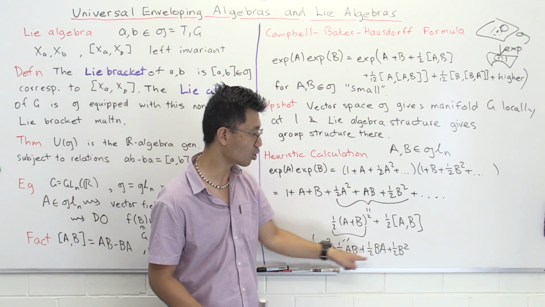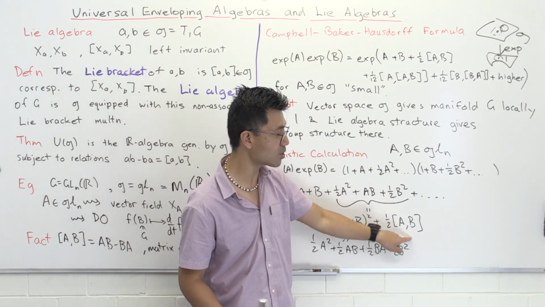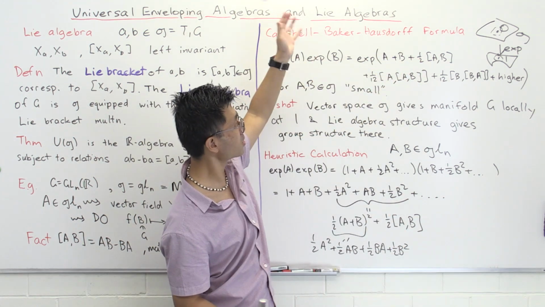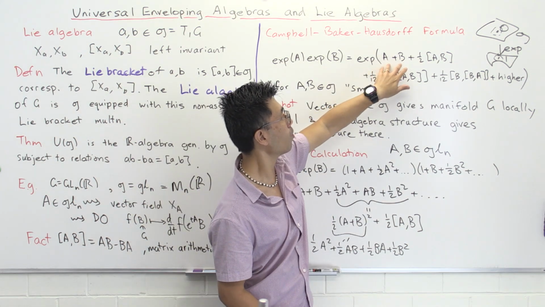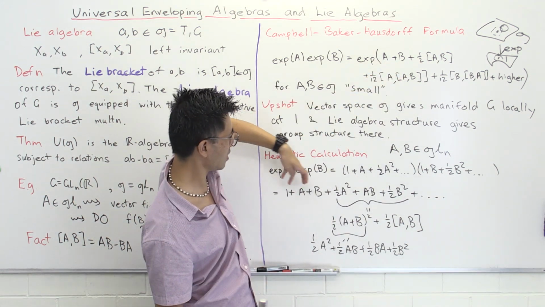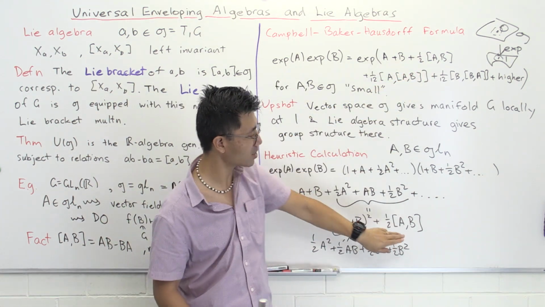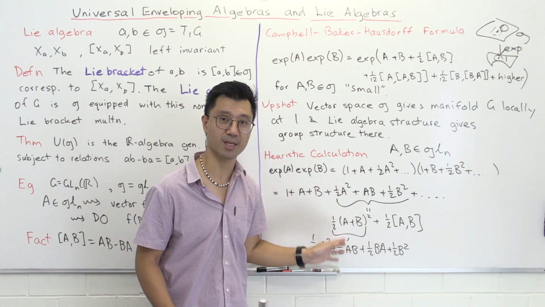So to correct it, what do you do? To correct it, we're going to throw in this plus half the commutator of a and b. So when you do the exponential of these three things now, you'll not only get all the terms that you see here up to the quadratic, but when you do the linear term for this one, you'll throw this in as well, which just fixes up this non-commutative problem here.